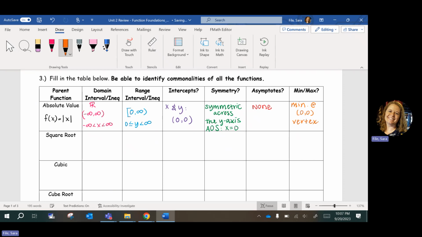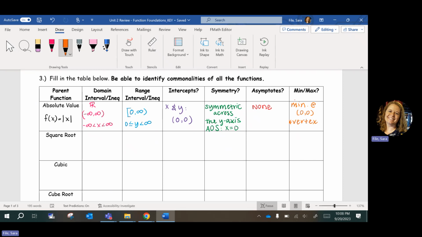Now you can have a maximum or a minimum on a function if it's like an endpoint, for instance, that's not actually a vertex. It's not a turning point, but it's still a low point on the graph or the highest point on the graph. This one happens to be both. It is the vertex and it is the minimum.